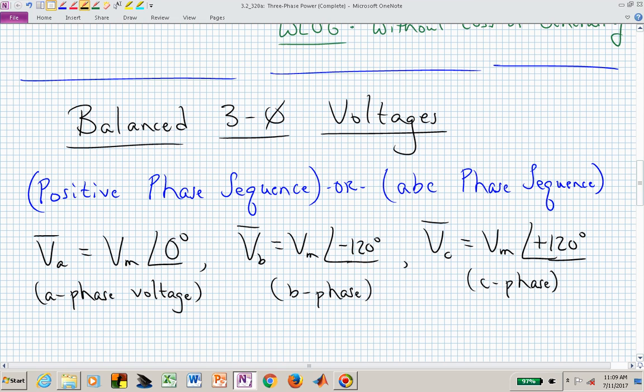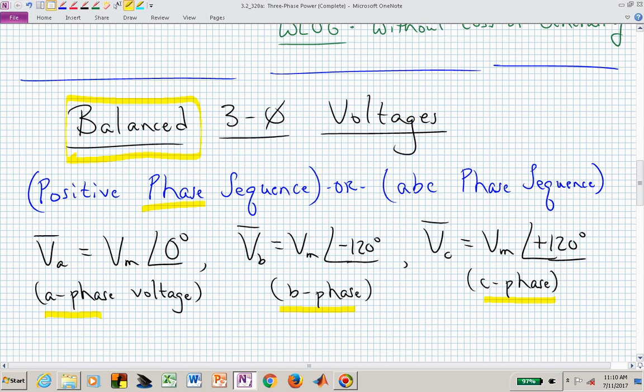Let's talk now about the positive phase sequence. In a positive phase sequence, and it's balanced, again, we have several things going on. We have balanced, and we have a phase sequence. For a balanced three-phase sequence of voltages, we have an A phase, a B phase, and a C phase.